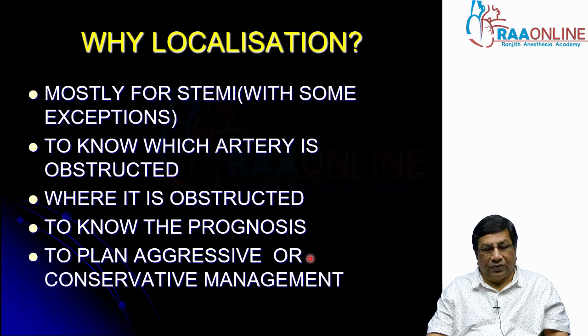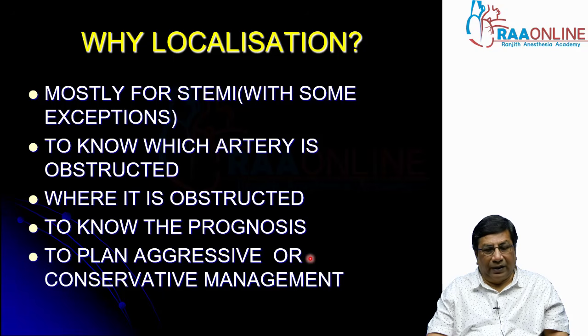So first we must know which artery is obstructed: right coronary artery, left anterior descending artery, or left circumflex artery. Then, having located the particular artery, we must know which segment of that artery is obstructed. Is it in the proximal segment, in the middle segment, or distal segment?